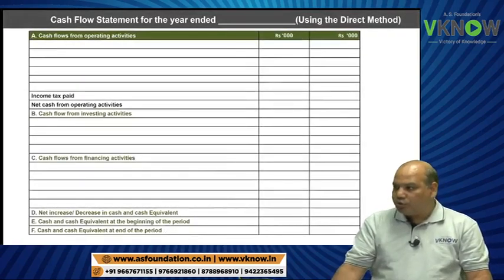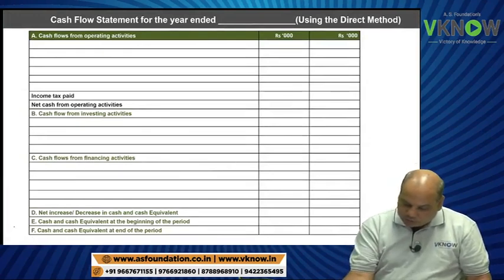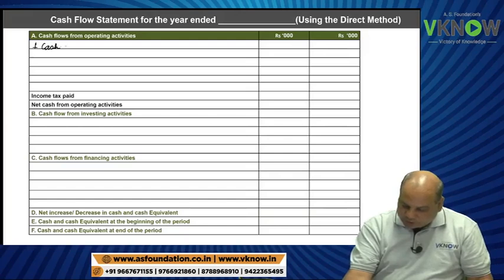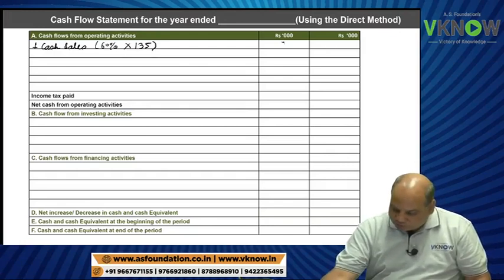So first you come to main cash flow statement. Under cash flow statement, write down 1, operating activity cash sales. Cash sale, write down 60% into 135. That should be 81.